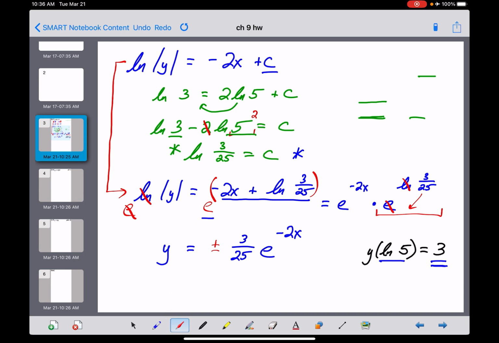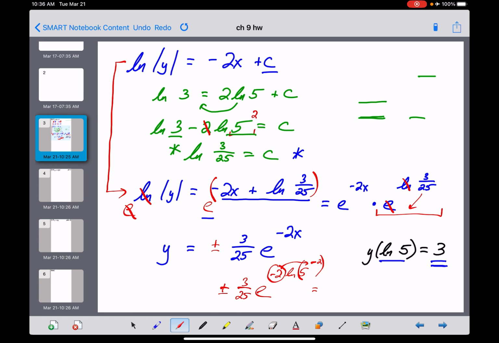So what do we have here, guys? This is plus or minus 3/25 times e to the negative 2 times natural log of 5. This gets a little bit ugly here, guys, but what's going on with this one? Remember now that a coefficient of a natural log gets moved right here as an exponent. That's now 5 to the negative second power.